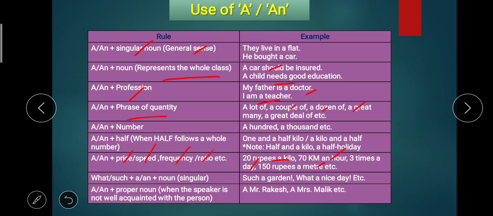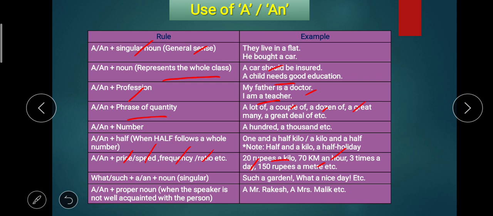He is not well acquainted with the person, his behavior, profession, family background. Nothing is known to him. Only the name is known. So in that case, we use either a or an before the name, like a Mr. Rakesh or a Mrs. Malik.